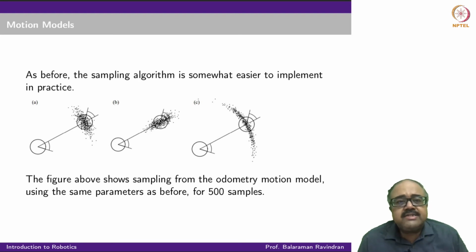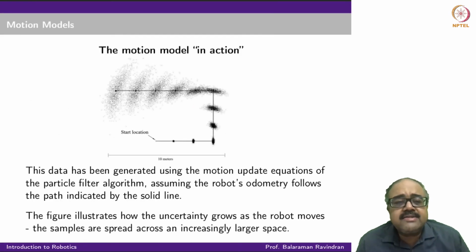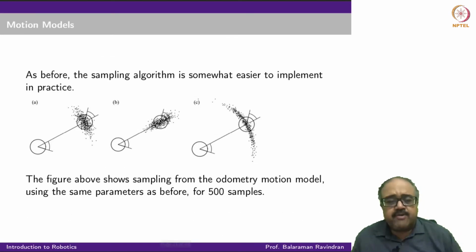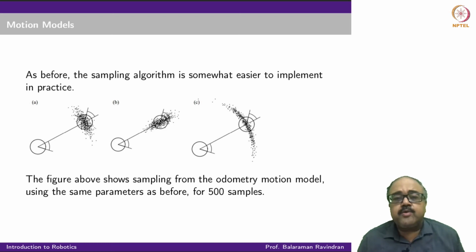Okay. So the challenge with using the odometry model is that the odometry information is available to you only after the motion is completed, not before the motion has happened, right? So in the filtering use case that we have seen so far, it is fine because we typically use the motion model only after the actual motion has been completed.